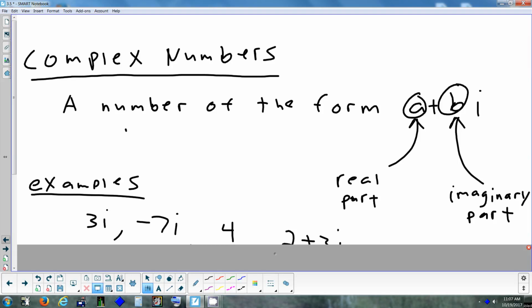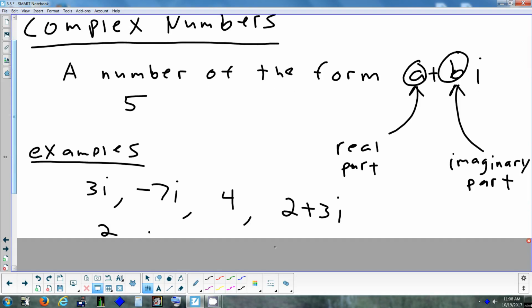Like the number 5. It's a complex number, but you can think of it as not having an imaginary part. Think of the imaginary part as 0. So technically, every number you've ever studied in math is a complex number. It's just that a lot of times the imaginary part is 0. If it's 0, we usually don't write it.